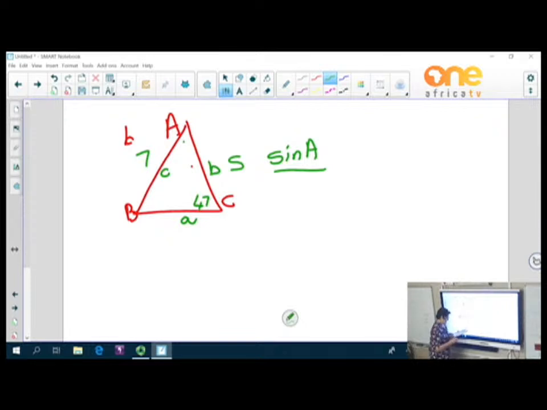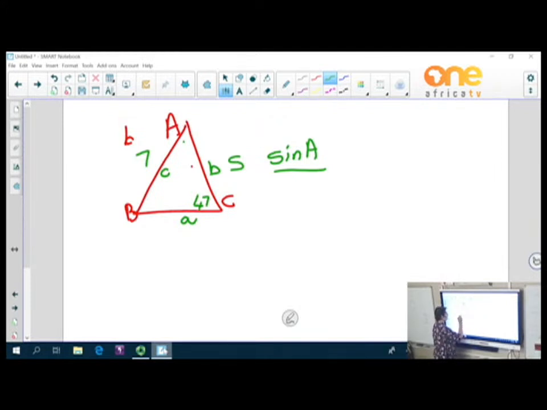Now this one is going to give a problem because I don't have opposite sides and opposite angles. ABC, C is 7, B is 5, and C is 47 degrees. Right, so we cannot directly find A now here because you can see I don't have an opposite side and an opposite angle.